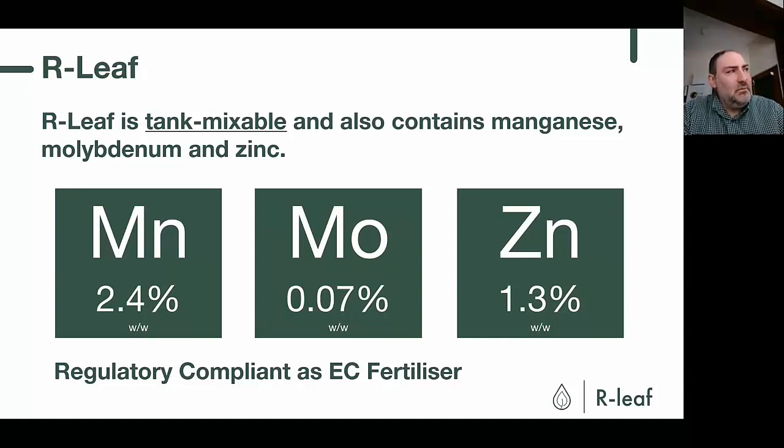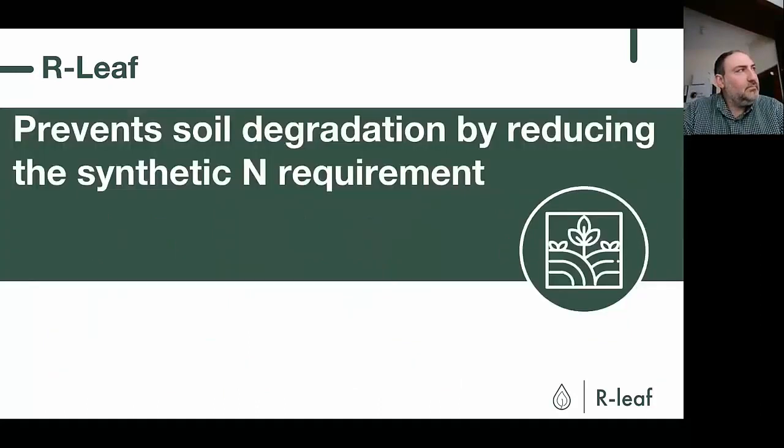So that's the minimum that we can add to get the formulation to an EC fertilizer. So you can take into account that the zinc, manganese has a bit of value and balance other products, but that's the main reason for doing that.